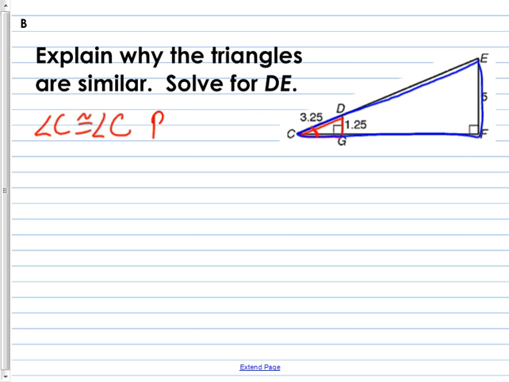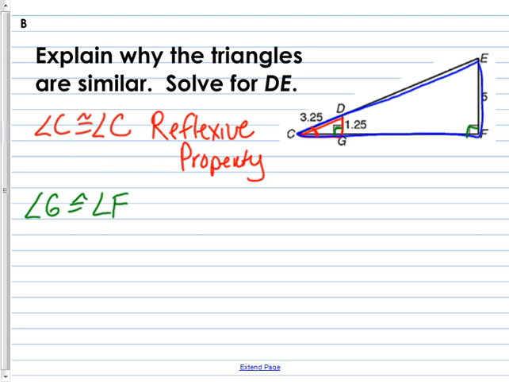Well, that's the reflexive property. So those two angles are congruent based off the reflexive property. Okay? I also can see that they both have a right angle. Angle G is congruent to angle F because they are right angles.